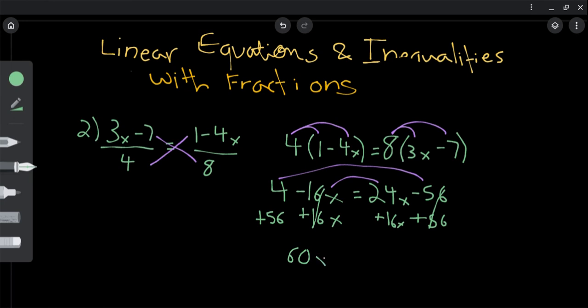The x is still there, remember? Equals. Oh, wait, I'm sorry. The x is not a like term, so it's going to be moving to this side with the 16. 24x plus 16x would be 40x.